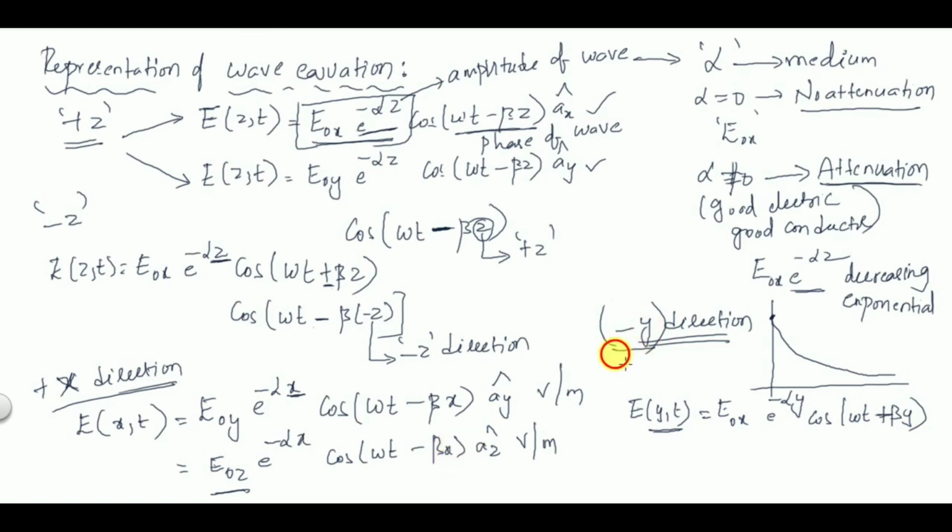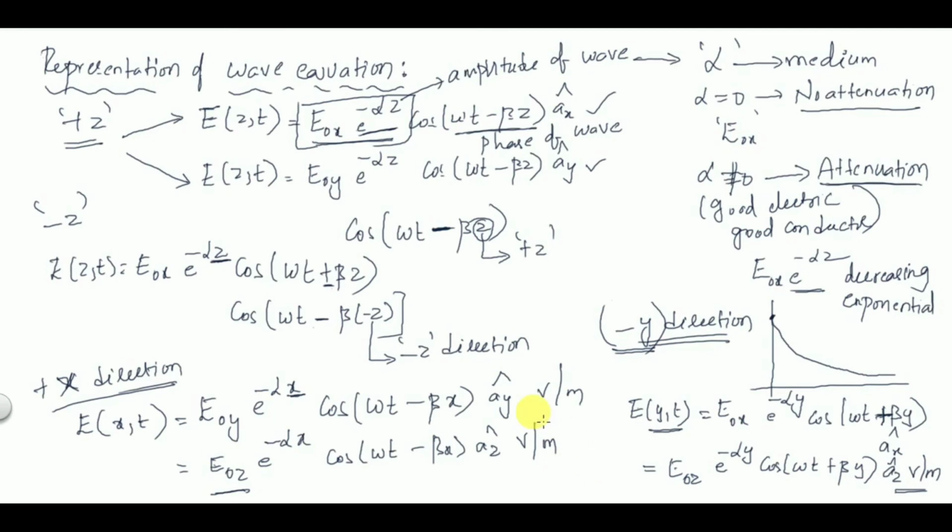So when the wave is traveling along minus y direction, you have to take a plus symbol in the middle, and this will be a x cap because it is the x component. If you want to write the z component, it is E0z e power minus alpha y into cos of omega t plus beta y into a z cap, volt per meter.